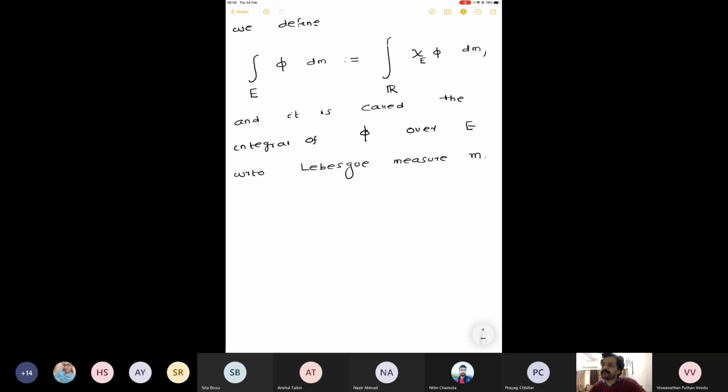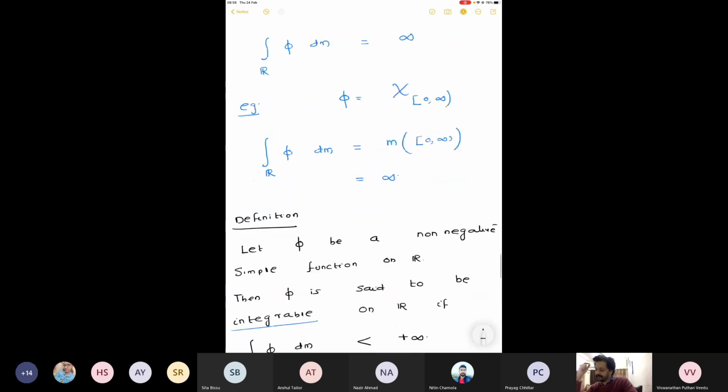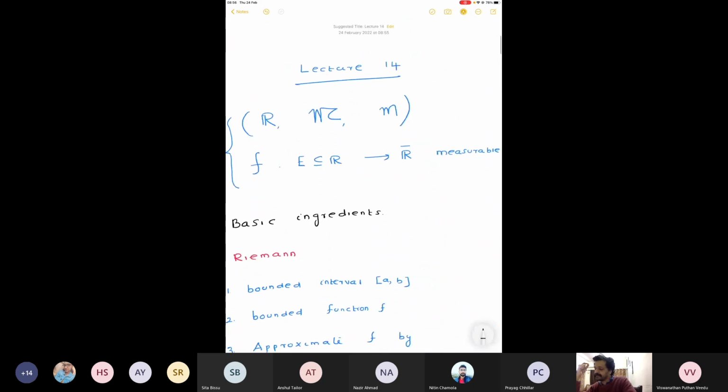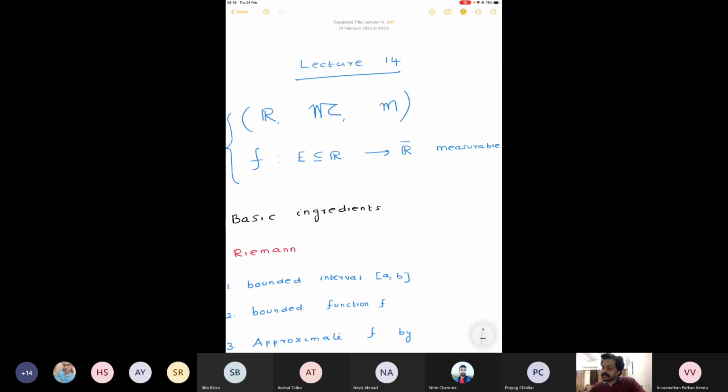Okay, there is another way to look at it. Integration over a subset you can view in another way. This is what I wrote in the beginning of this lecture. The basic ingredient we have is R, a sigma algebra over R, and a measure on that. That's why we are integrating. Such a triplet is called a measure space: a set, a sigma algebra, and a measure.